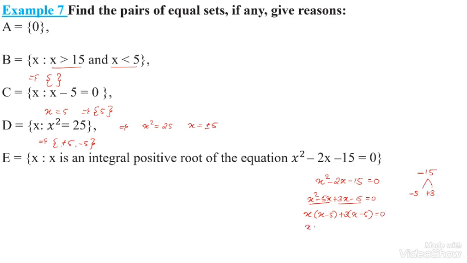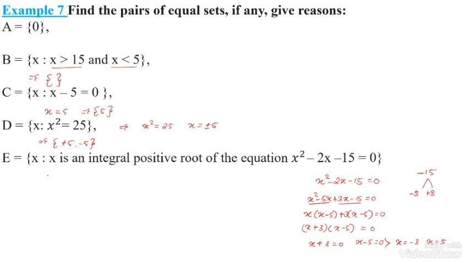So we get x plus 3 and x minus 5. Setting x plus 3 equal to 0 and x minus 5 equal to 0, we get x equal to minus 3 and x equal to plus 5.